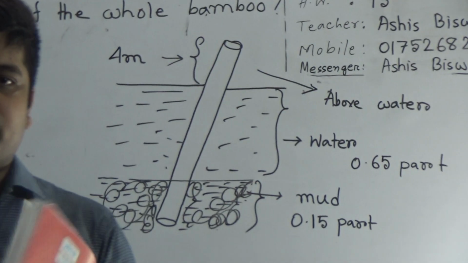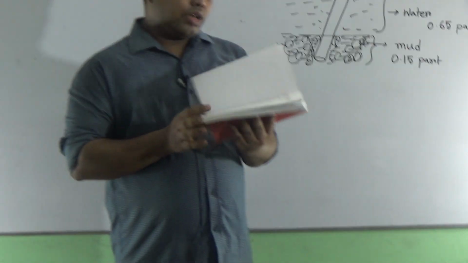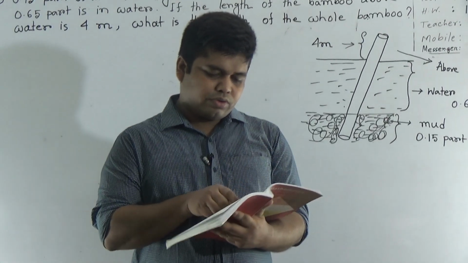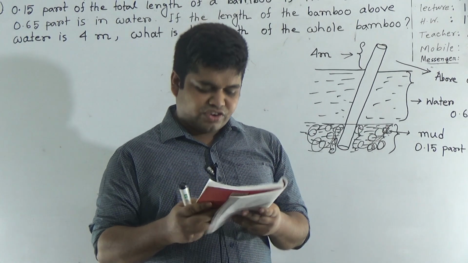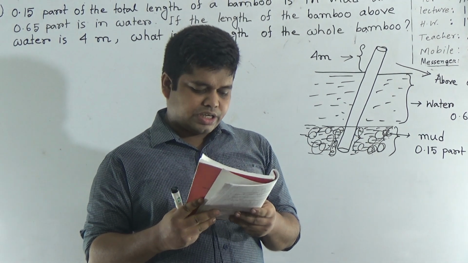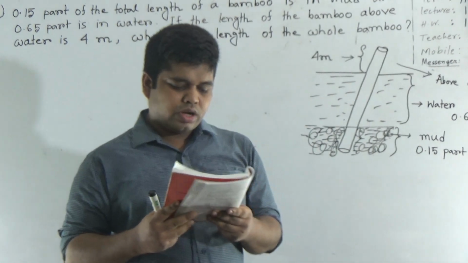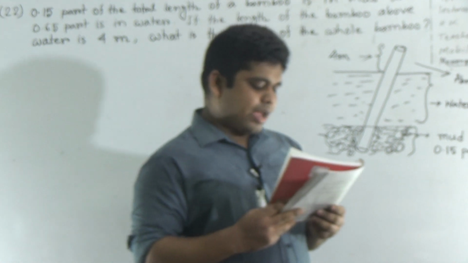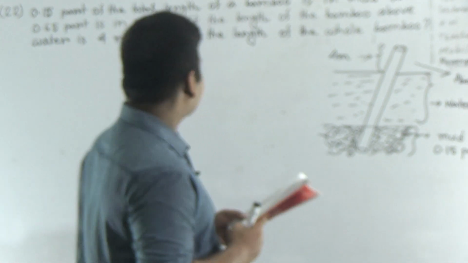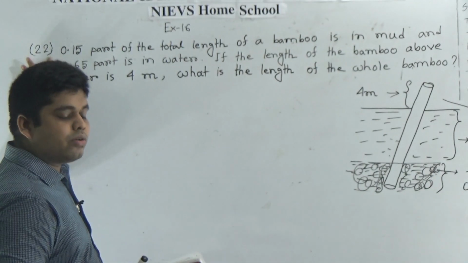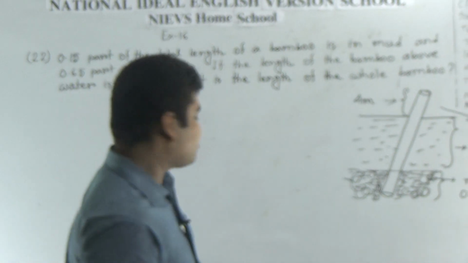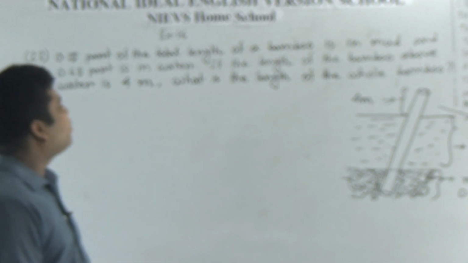My dear students, before starting our class, at first open your math book. In your math book, open page number 43. In 43, we shall solve question number 22. I have already written question number 22 on the board. So, I close this book and you must open your book.